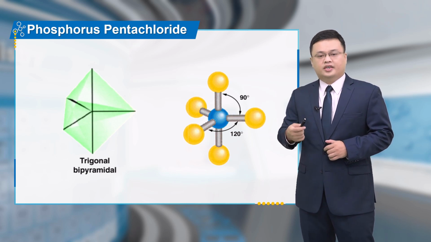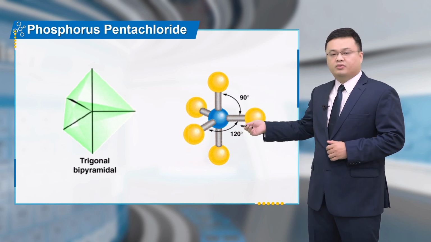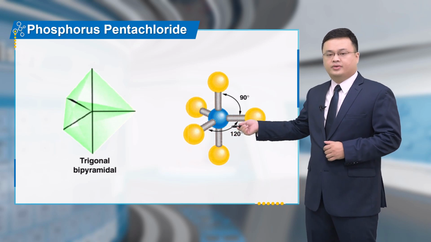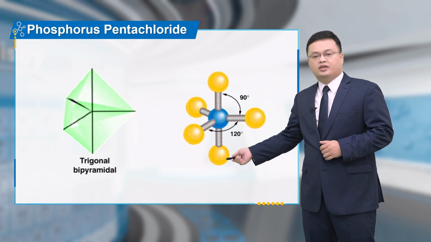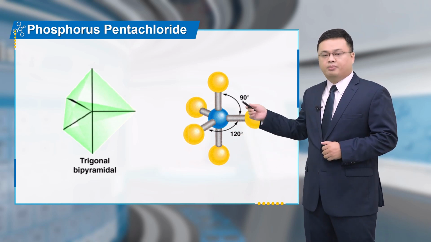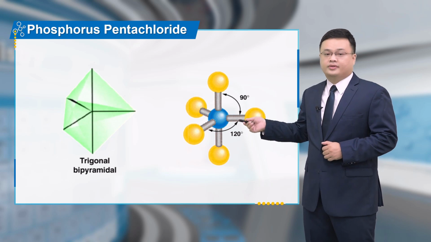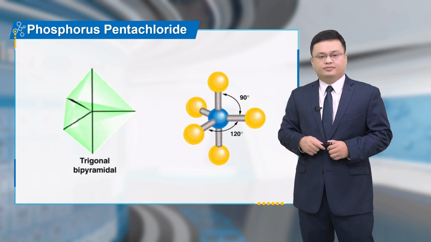The geometry is then trigonal bipyramidal. Three chlorides lie equally on the plane with a 120 degree bond angle. The other two chlorides are distributed perpendicularly on top and bottom of the plane with a 90 degree bond angle to the three chlorides. Overall, it is a trigonal bipyramidal structure.